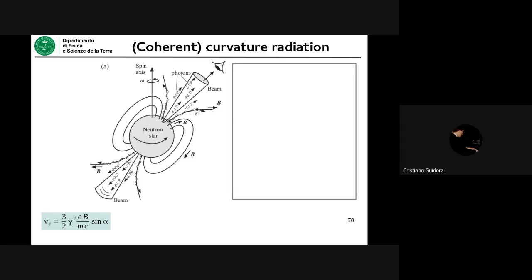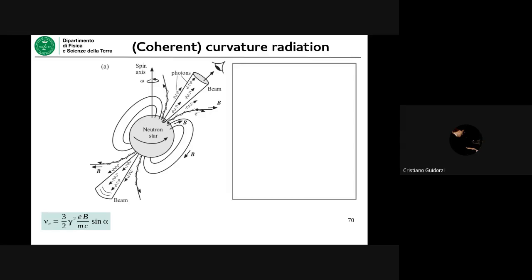And the result is that the motion of the electron is nevertheless a helical motion around the magnetic field lines. But now look, if you overall consider the resulting trajectory of the electrons, you see that just because of the curved lines of the magnetic field, the trajectory of electrons will also be curved.